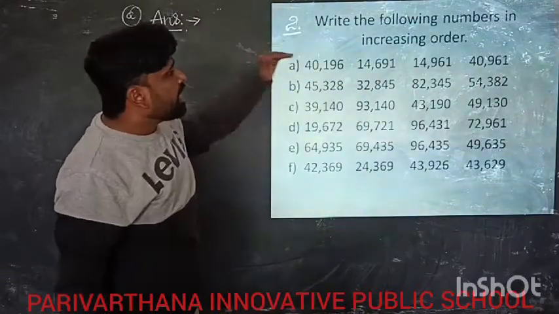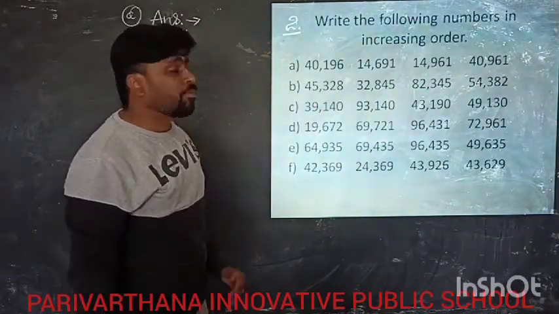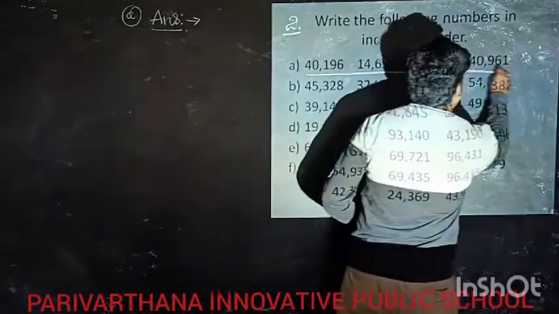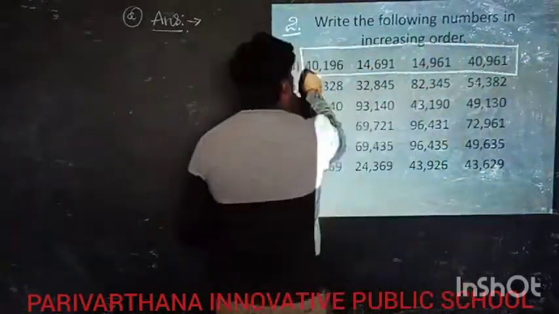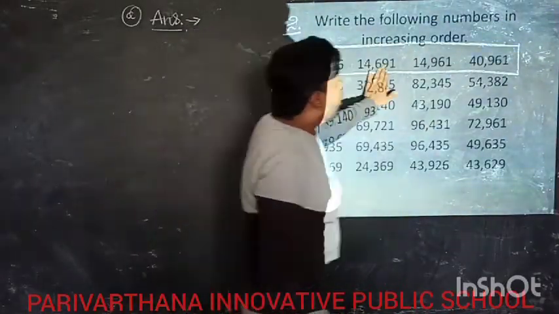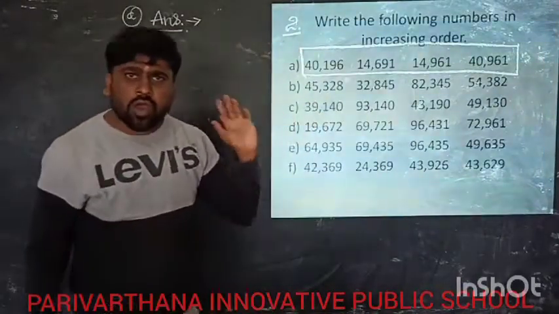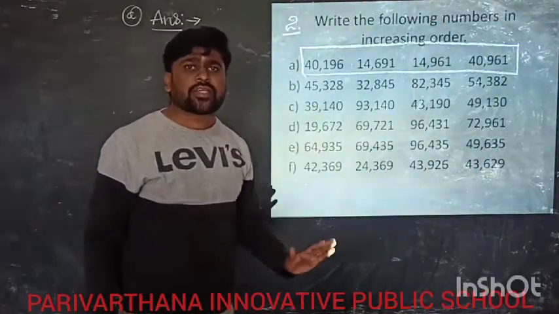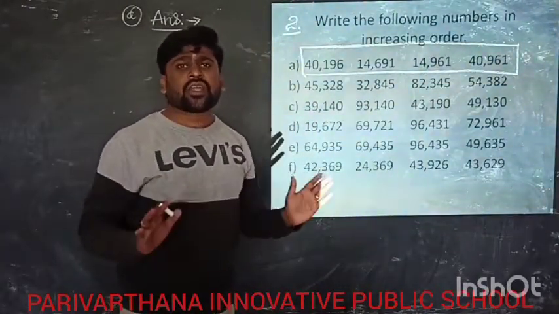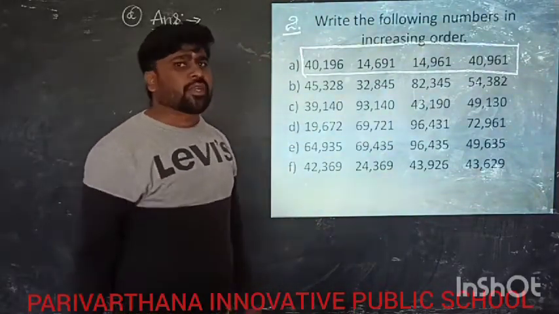Okay na? Regarding the increasing order, first we have to write the small number. Now observe the 4 numbers in the first problem. Here all the 4 numbers contain 5 digits. Clear? By observing the digits, we cannot find out which is the small number and which is the big number.